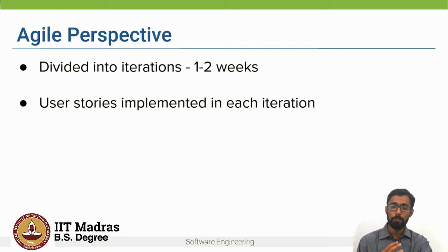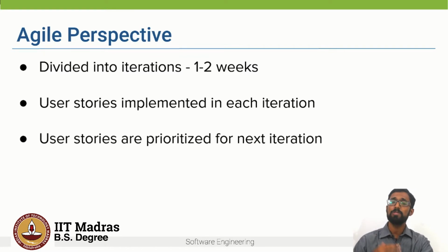That is, a working prototype is created from these user stories. Then users examine the work done in this iteration to see if it matches the requirements. Then user stories are prioritized for the next iteration. New user stories are created as well. And this process continues till the entire system is built.